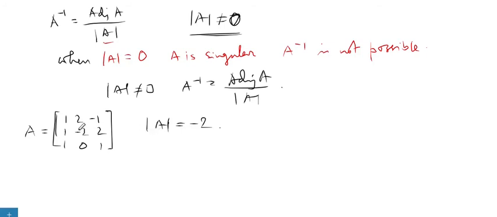The determinant value of A would be equal to minus 2. So this is not equal to 0, hence this is a non-singular matrix, so inverse is possible. Okay, now we have to find out the adjugate of A.